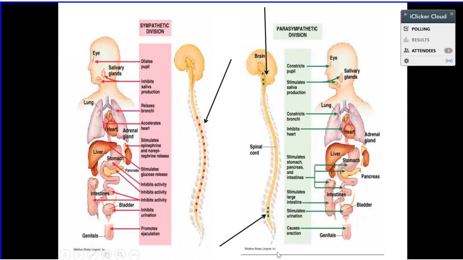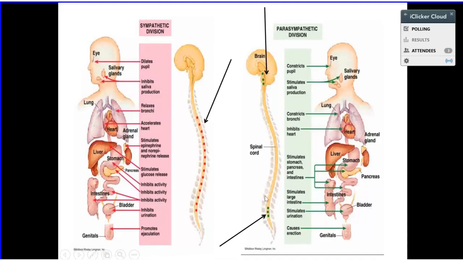Okay, so when we're looking at these two systems, we're going to start talking about where that first neuron exits. So I want you to look at the sympathetic here. It's in the red. Do y'all see how there's red dots in basically your thoracic and lumbar region?